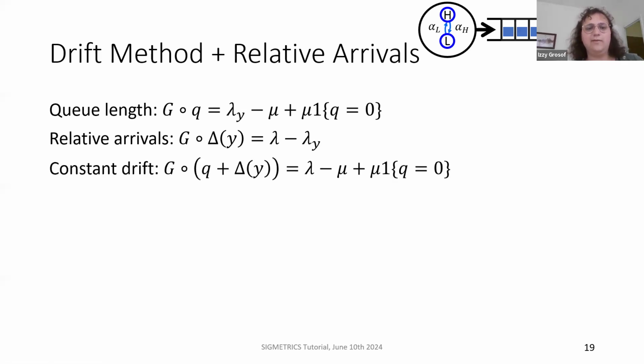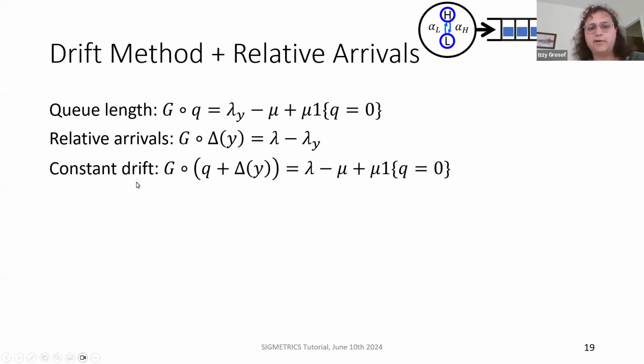And so if we add them together, the Q length plus delta y, it's got that perfect drift that we wanted. It's got that drift of lambda minus mu, again with the edge condition. So this looks just like what the drift of the Q length was in our M/M/1 system. Constant arrival rate, constant completion rate.